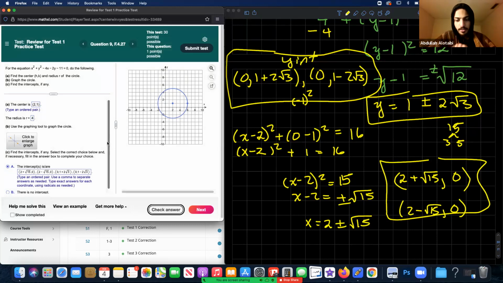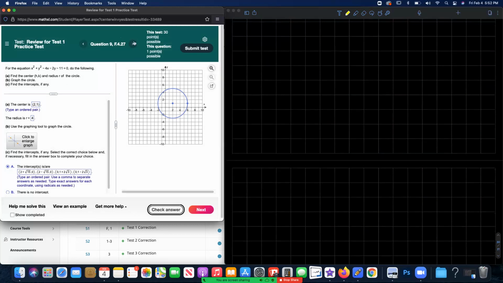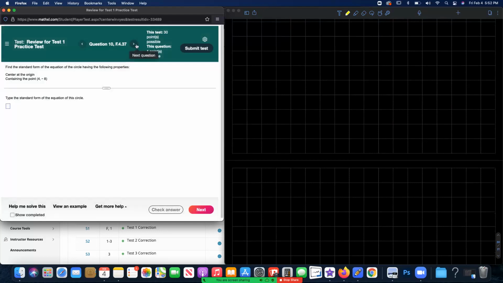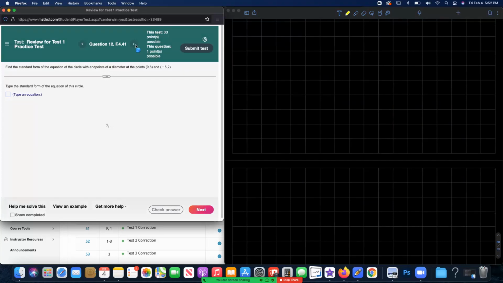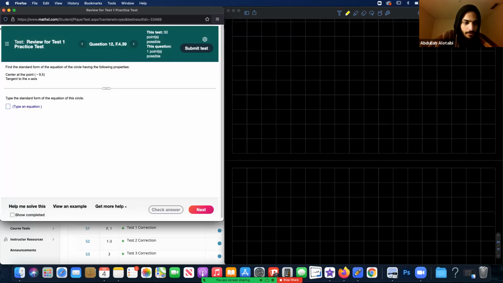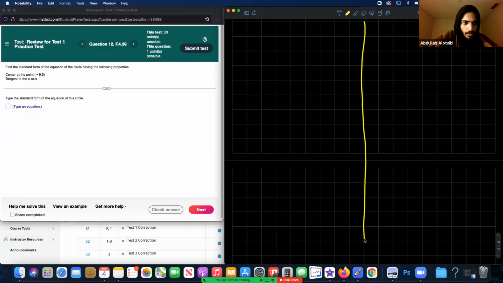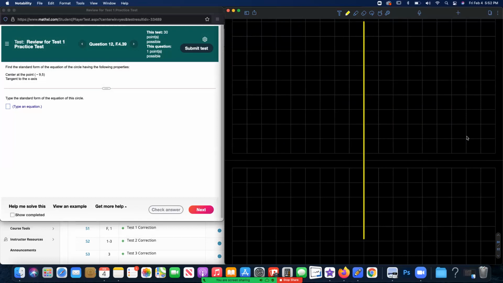There is a question, I can't recall it specifically, but it gives you a point, then it tells you if it's tangent to the y-axis or the x-axis. Oh, tangent to the y-axis or tangent to the x-axis? Yes. Okay, let me see if I can find that one. Yes, this one. So basically, what I'm supposed to do is to square both of them, and the outcome of this equation is going to be the radius.